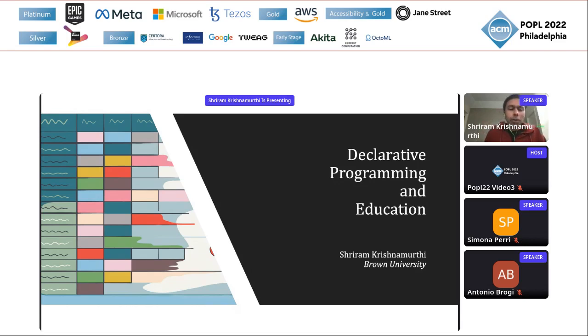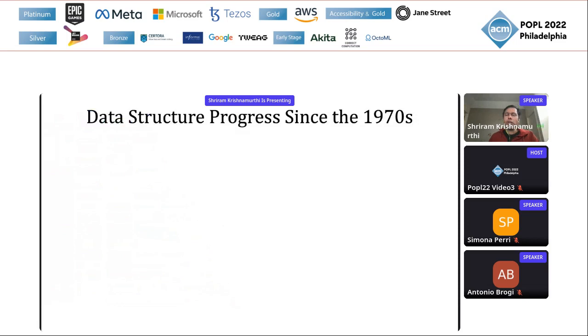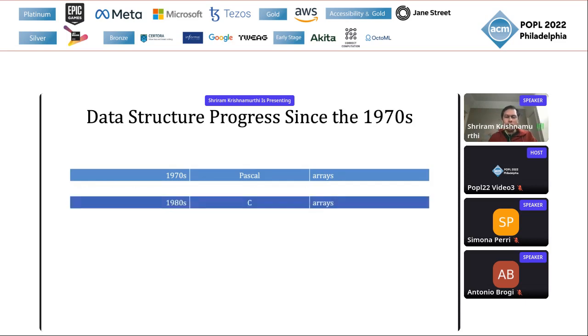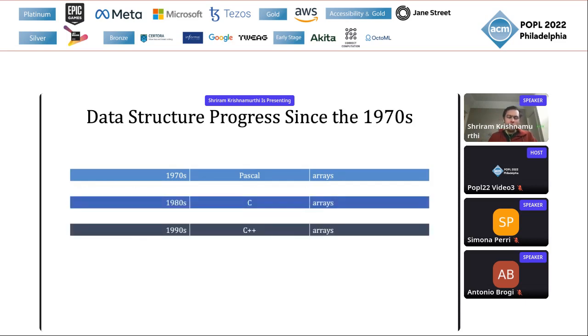I want to start by doing a quick recap of where introductory computer science has been for a while now. So let's look at where data structure progress has been since the 1970s. People of a certain age will recall that in the 70s, we taught everything in Pascal using arrays, and then the world moved on. We moved on to C, and then to C++.